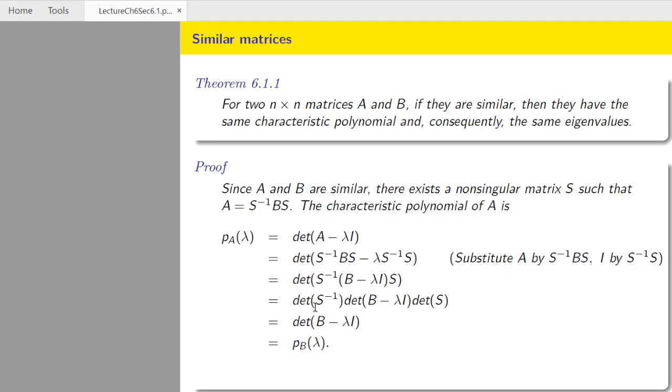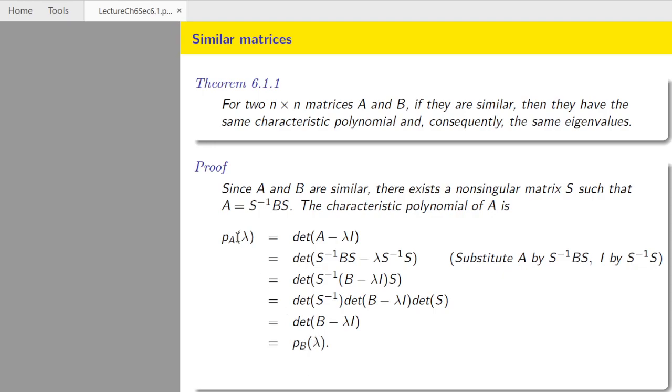The determinant of S inverse equals the determinant of S to the power negative 1, so times the determinant of S, we get 1. In this way, we get the determinant of B minus lambda I. By the definition, that is the characteristic polynomial of the matrix B. So the two characteristic polynomials are the same.